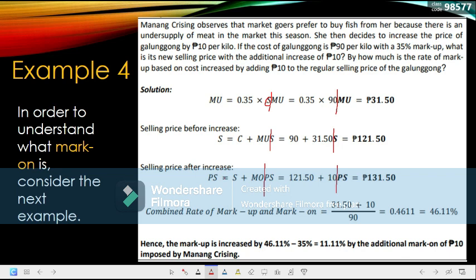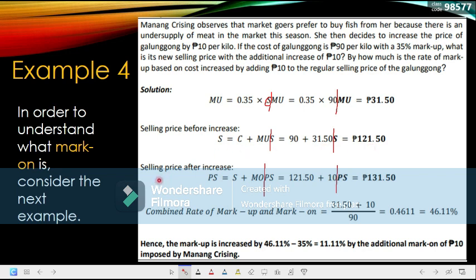We have selling price is equal to the cost price plus the markup. The cost price is 90. The markup that we have just solved is 31 pesos and 50 centavos. We have 90 plus 31.50. Therefore, our selling price before the increase is 121 pesos and 50 centavos.